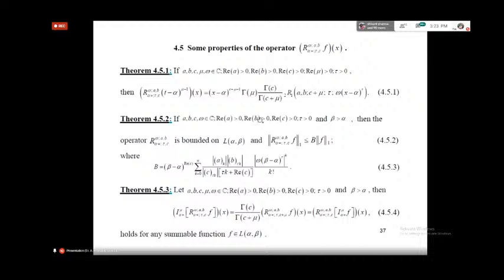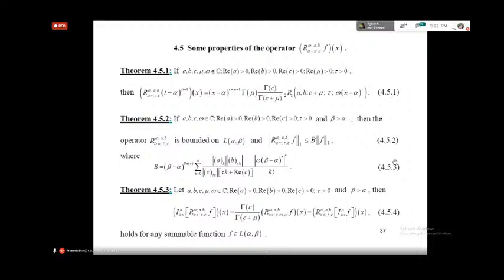Some property of this function. So here again, use this operator. So this is now our condition, the 4.1. If you see theorem 4.5.1, this is your theorem, and these are the conditions. If you impose them over this, this can be written as 4.5.1.